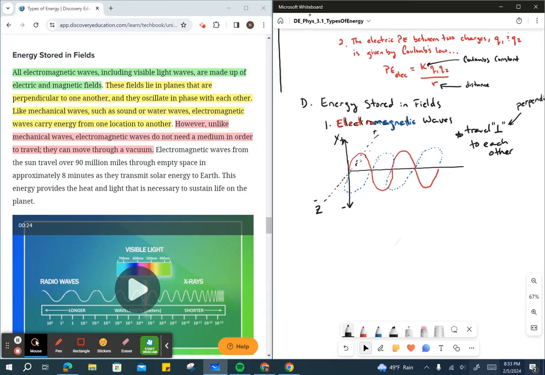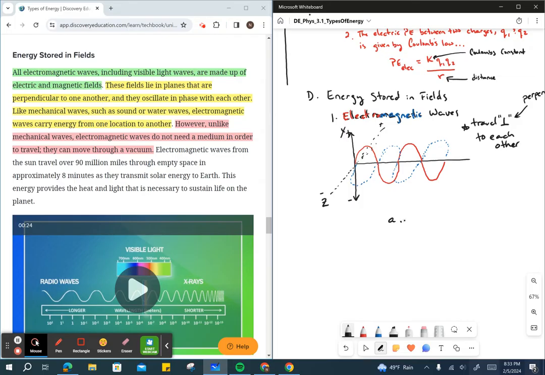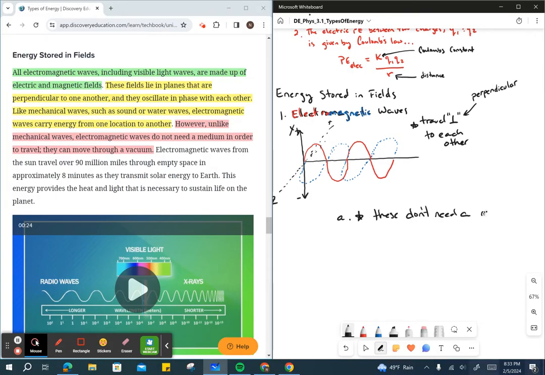Probably also a little side note here. These don't need a medium to travel through, unlike a mechanical wave.